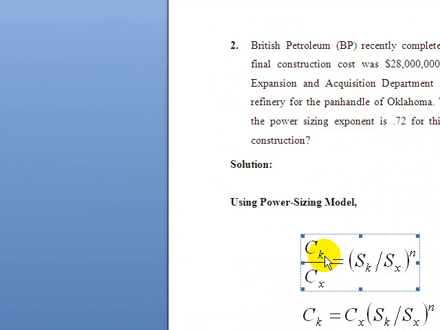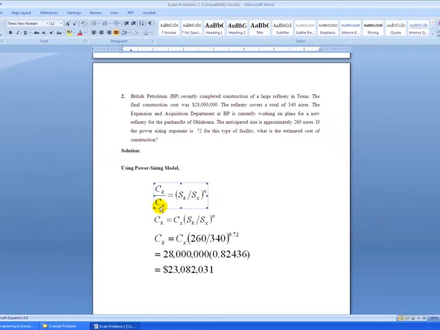Let's say K for Oklahoma and X for Texas. Then C sub k is the cost of the refinery in Oklahoma, which we don't know, and C sub x is the cost of the refinery in Texas. So the cost in Oklahoma divided by the cost in Texas is equal to the size in Oklahoma divided by the size in Texas, whole raised to power n.